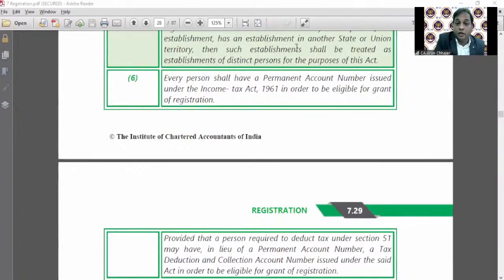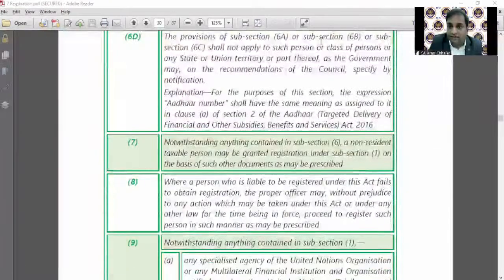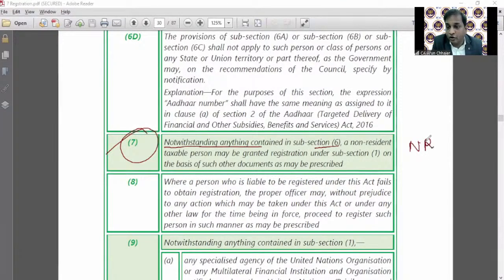25(6) talks about how normally you must have the permanent account number before taking the registration. But what is the exception? The exception is covered in section 25 subsection 7. Normally I should have the permanent account number, but is there any exception? Answer is yes, notwithstanding anything contained, in case of the non-resident taxable person, he can take the registration on the basis of other documents as may be prescribed.